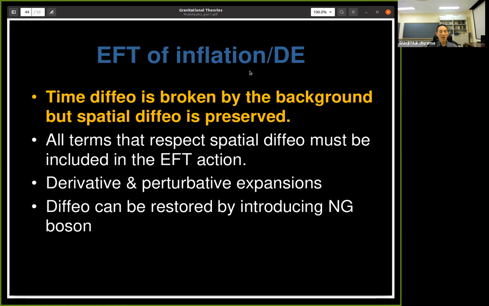So we want to end the exponential expansion almost at the same time. In order to do that, we need to have some field that can tell us the time remaining before the end of this exponential expansion. Otherwise, this part of the universe and that part of the universe don't know when to end. If we prepare some field, then we can end the exponential expansion at almost the same time. The simplest case is a scalar field, because we need to record the time remaining, which is one number.